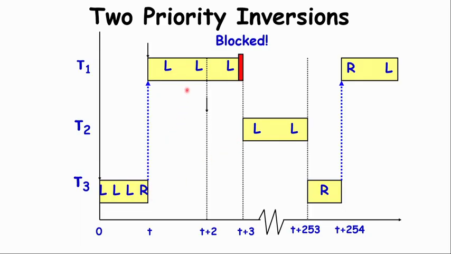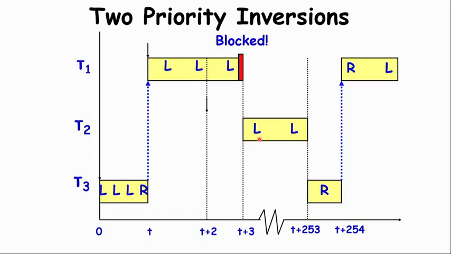Therefore, T1 suffers two priority inversions, one on account of T3 and the other on account of T2, because T2 is executing and T1 would be waiting because it does not have the resource, and T3 is holding the resource and not being able to execute because T2 has started executing.